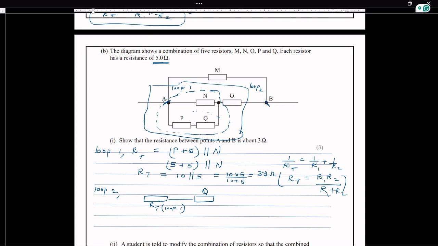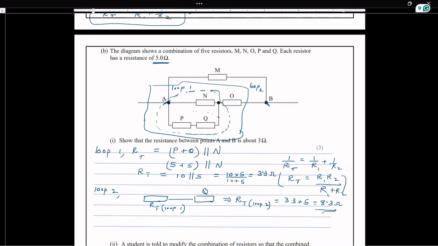So here R total for loop 2 is a series connection, 3.3 plus 5, which is 8.3 ohms. So this is the total resistance for loop 2.